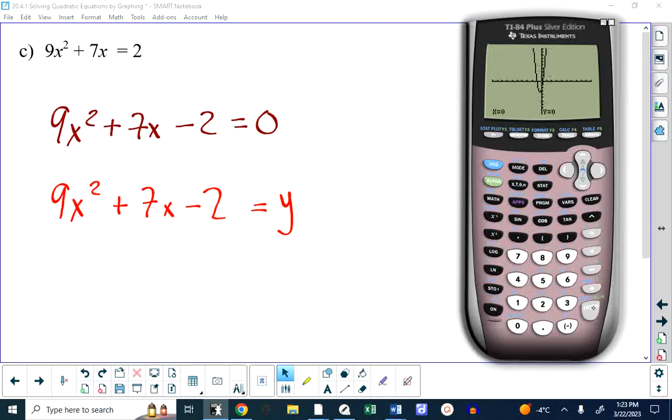By the way, when I went zoom standard, this is a perfect situation that zoom box can be used. You don't need the vertex, I just like to see it in my picture of the graph.